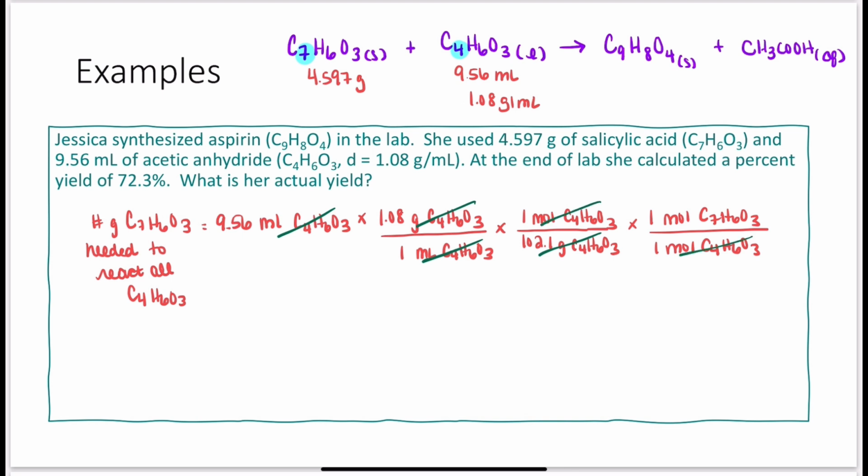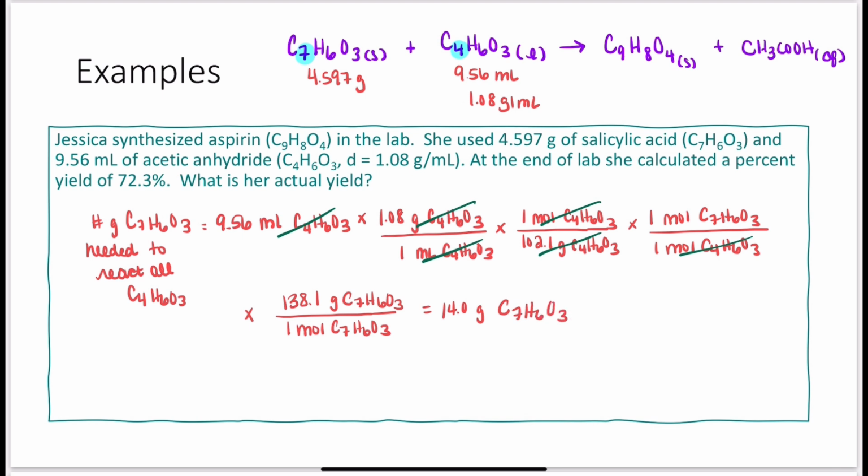So they consume each other in a 1-to-1 mole ratio. Definitely going to run out of room there. So convert that to grams of the salicylic acid, 138.1 grams C7H6O3 for every 1 mole C7H6O3. This gives me an answer here of 14.0 grams of C7H6O3.